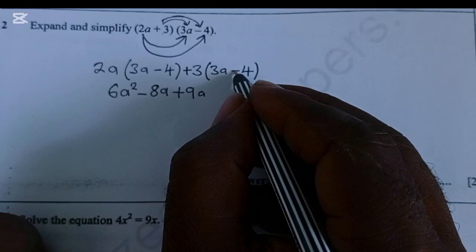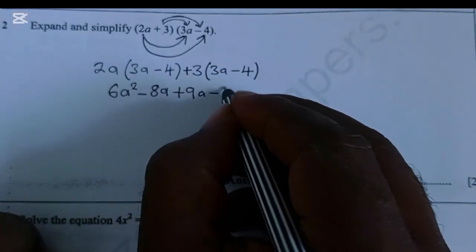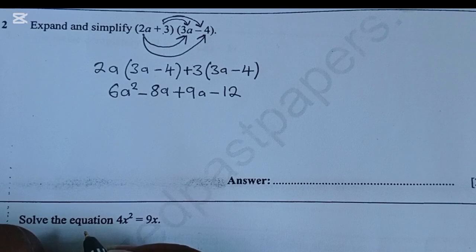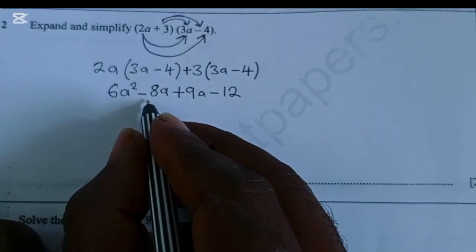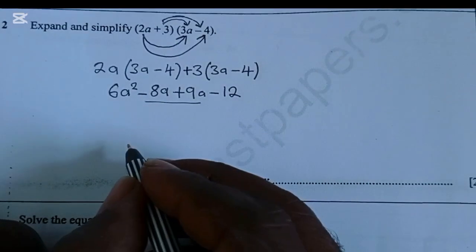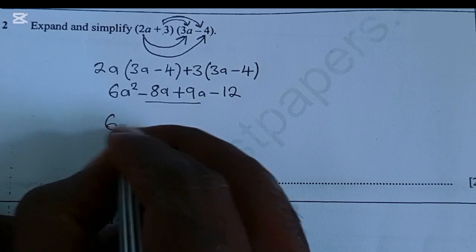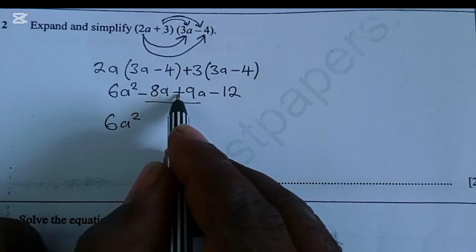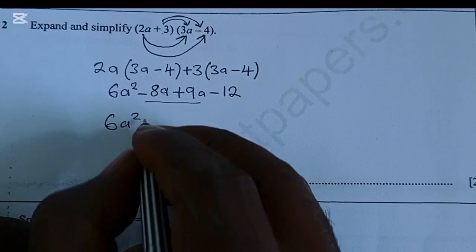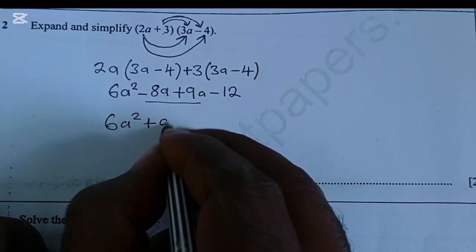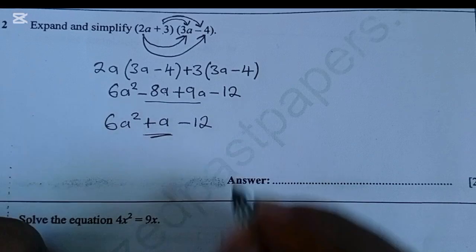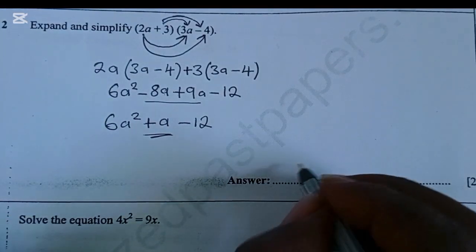Positive 3 times negative 4 is negative 12. From there now I'll simplify. These two are like terms. So 6a squared negative 8a plus 9a, the answer is 6a squared plus a minus 12. So this is our answer.